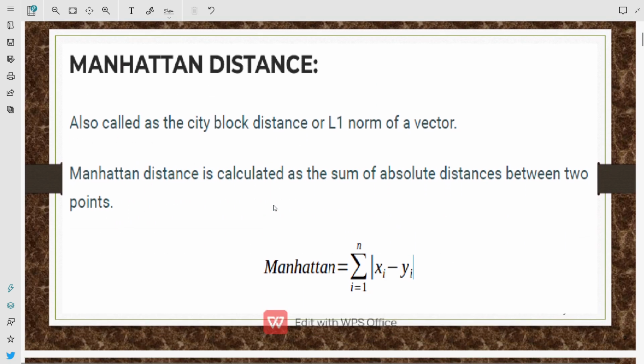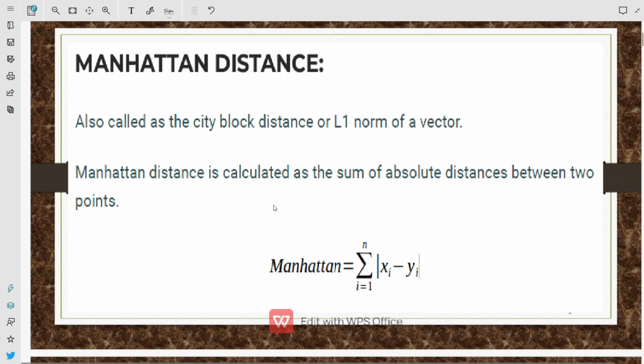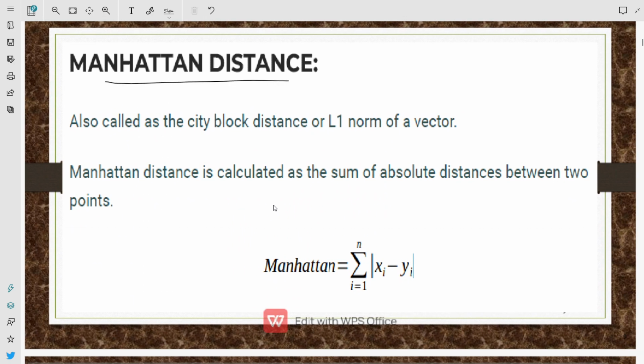Okay, and then we'll discuss the Manhattan distance, which is the second distance measure we are going to discuss here. Manhattan distance is also called the L1 norm of a vector, but Euclidean distance is called the L2 norm of a vector. You have to be clear about these two. L1 norm of a vector means Manhattan distance, L2 norm of a vector means Euclidean distance.